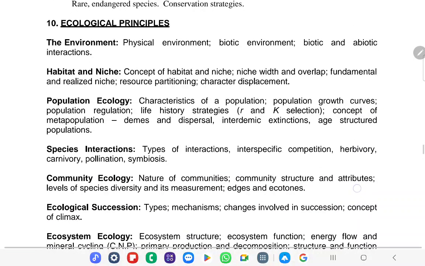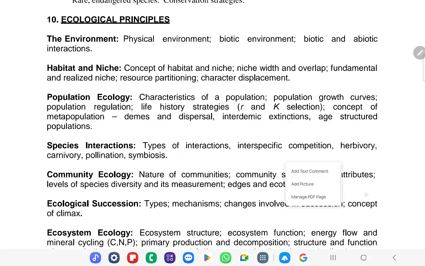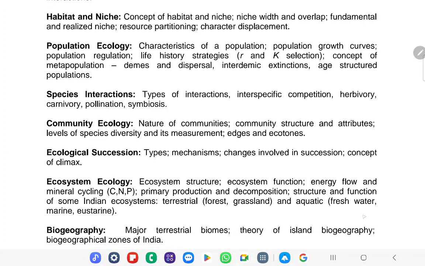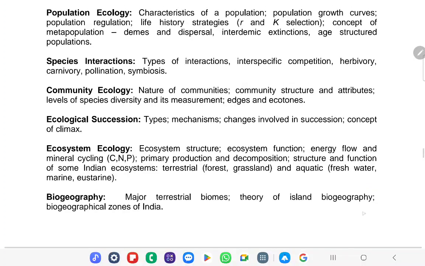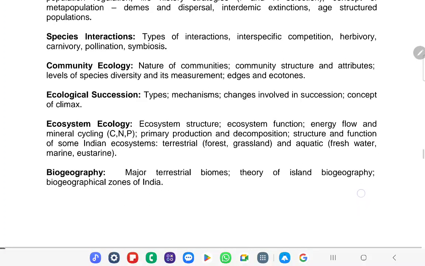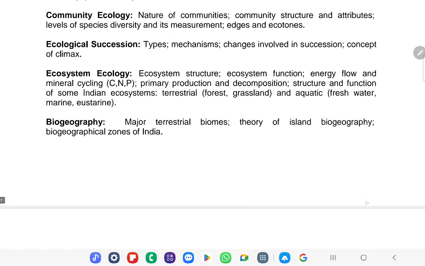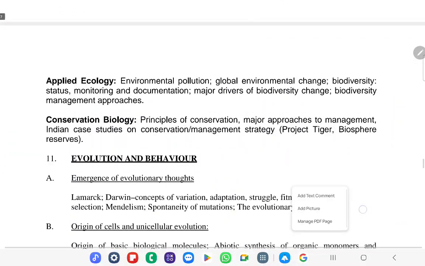Now the next, the 10th unit, is ecological principles, which includes environment, habitat and niche, population ecology, species interaction, community ecology, ecological succession, ecosystem ecology, biogeography, and applied ecology and conservation biology.